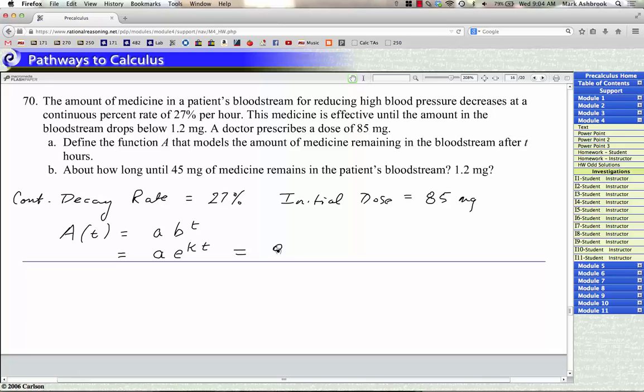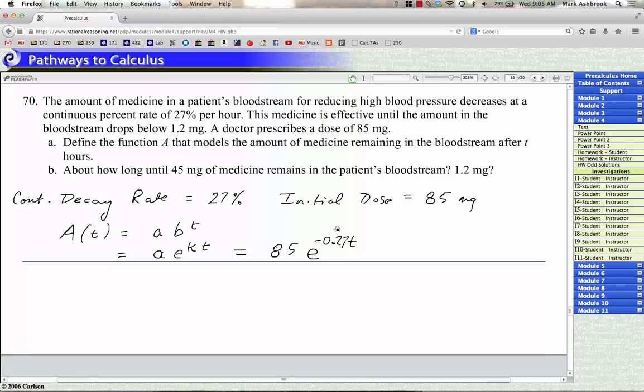Our initial dose is 85. That's easy, just 85 times e to the, and the question is, what goes here? Negative 0.27. That's right, because it's decay, k is negative, and we need it as a decimal. So there's the function: 85 e to the negative 0.27t.